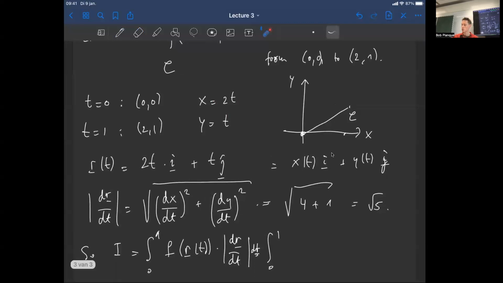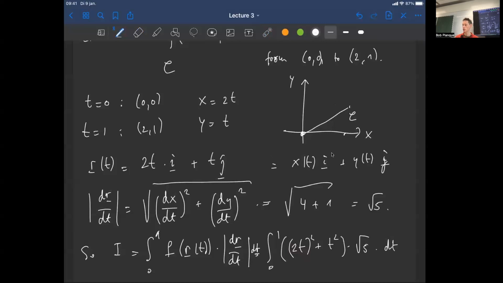So this is the integral where here, I have now (2t) squared plus t squared, times square root 5, dt. And so from here on, I think you can work it out.